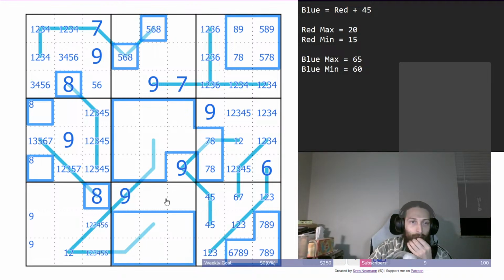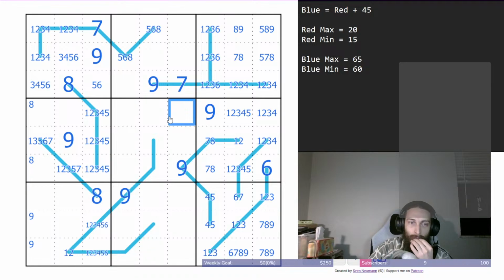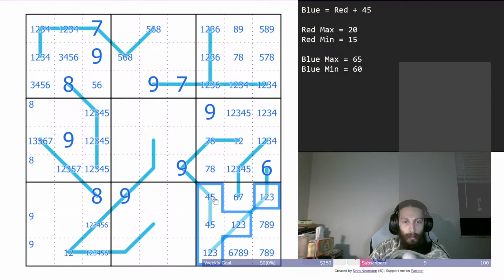And 8s aren't very restricted. If only I hadn't gotten distracted with the set stuff. Set didn't go anywhere, because once you saw this combination down here, it was the same logic as this stuff, just disconnected a little.